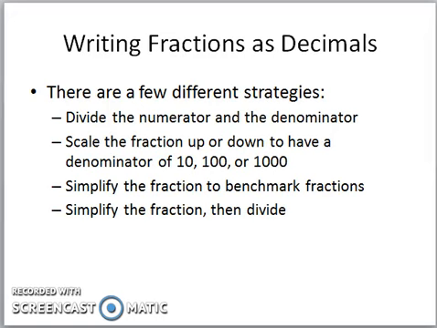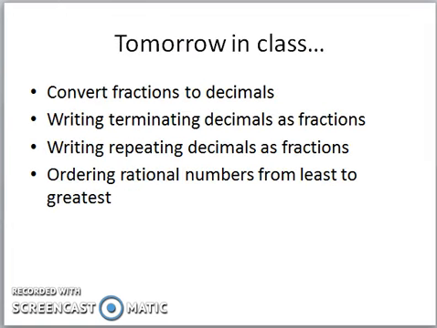The last strategy is to simplify the fraction, then divide. So for example, if we have a really big fraction like 100 over 154, if we simplified that to easier numbers to work with, then it will be a little bit easier to divide. So that is the last strategy.